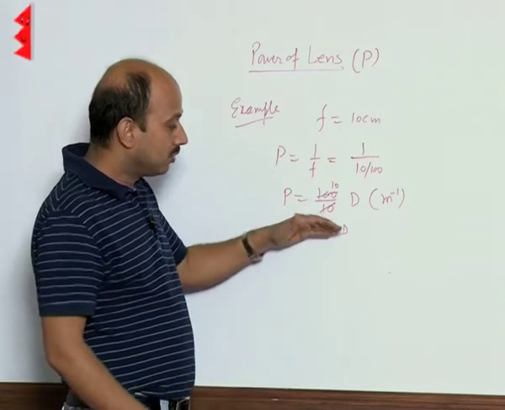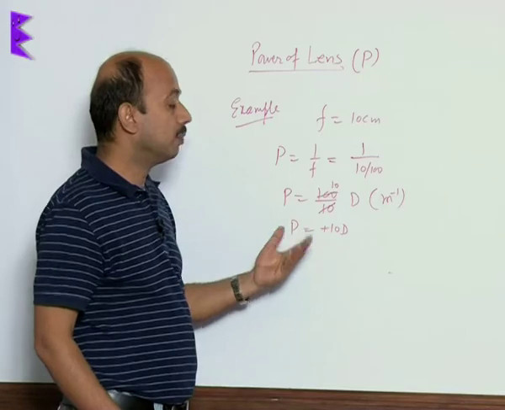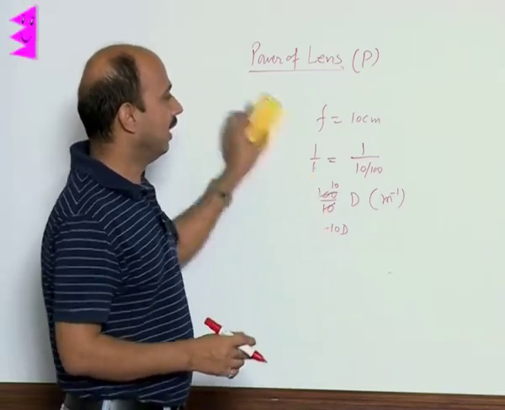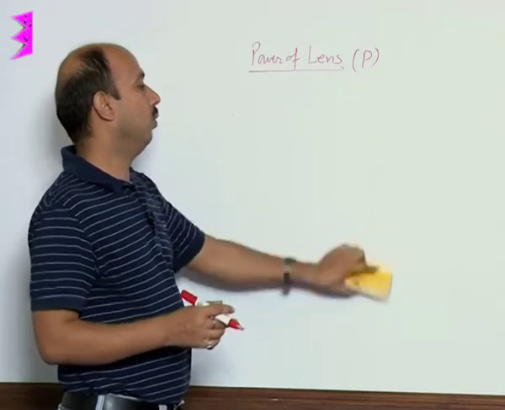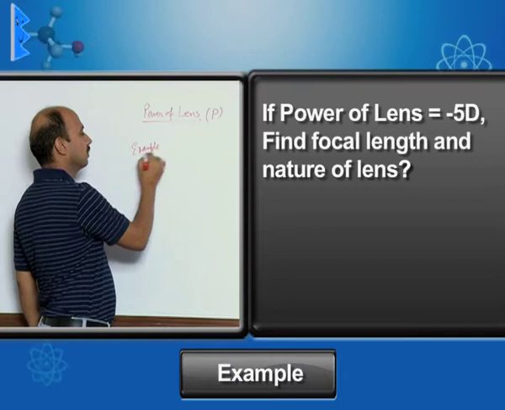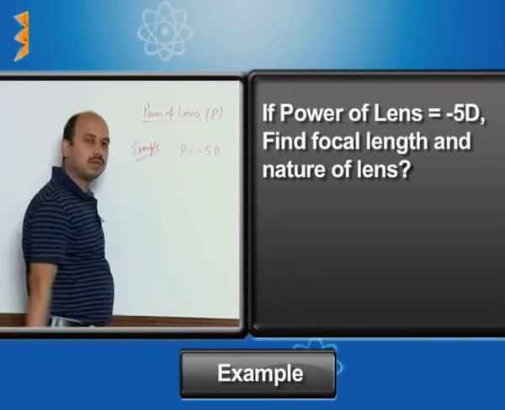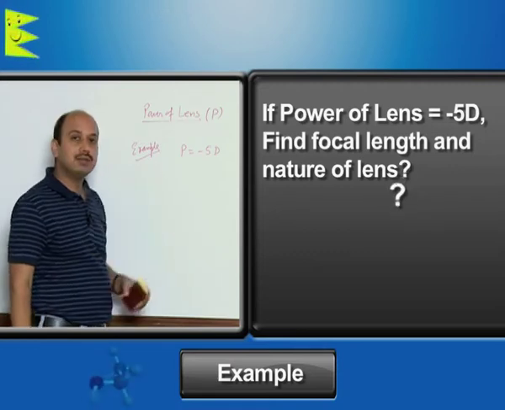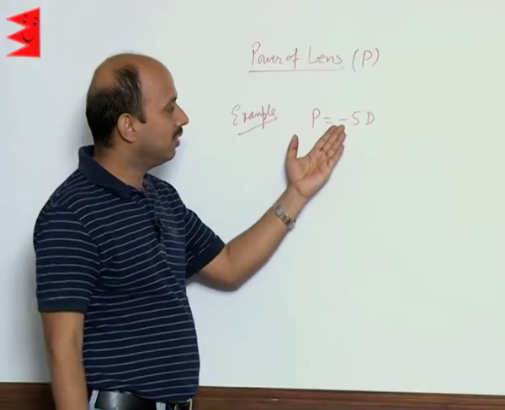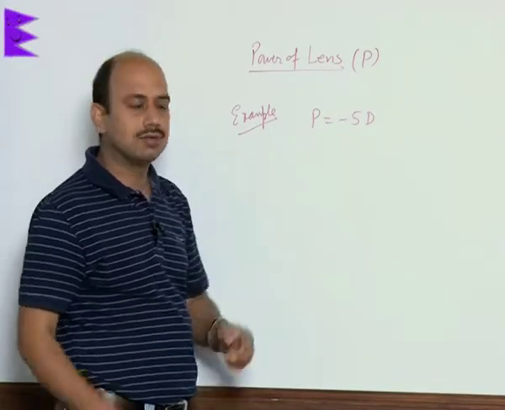We can do this question the other way around, like if you are given the power of a lens, suppose minus 5 diopter, find focal length and guess the nature of the lens. So, nature we can easily guess by seeing the negative sign, because if the sign is negative, that is a concave lens.